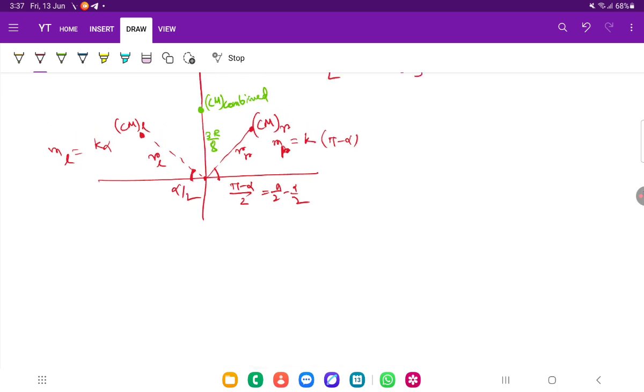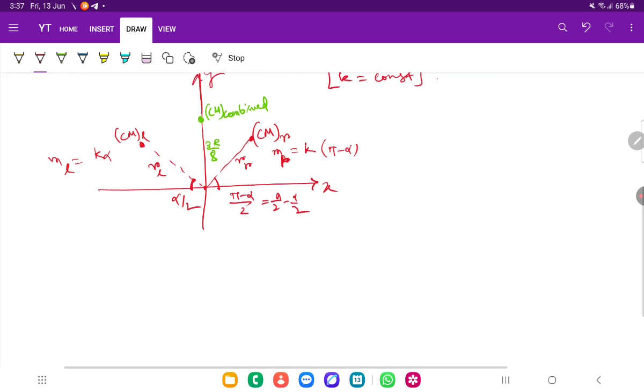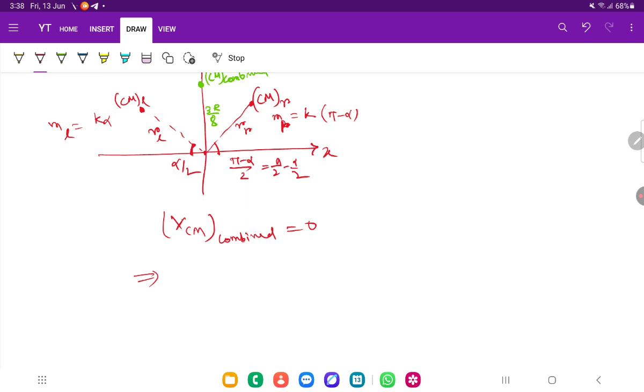So it's clear that the x coordinate of CM of combined is 0. Let me define this as x-axis and this one as y-axis. So xCM of combined is definitely 0. So from here we can write that, let's say MR times its x coordinate. So its x coordinate will be RR times cos pi by 2 minus alpha by 2. Right, this distance is R of R, and so this distance is the x coordinate of right hand side mass.